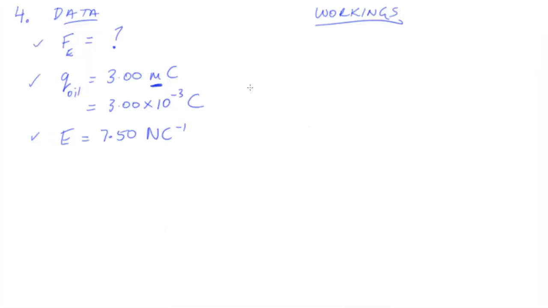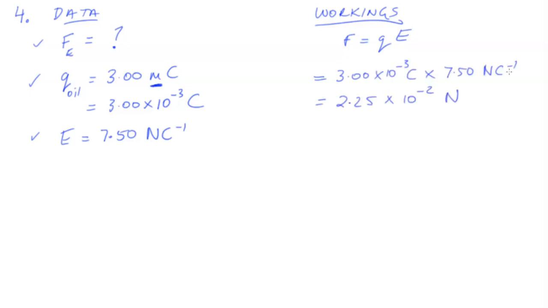So this step in problem solving of identifying the known and unknown variables is useful for figuring out what formula you use. Okay, so we put our starting formula and we substitute and solve. Notice our units cancel out and we're left with newtons, which is the correct unit of force.